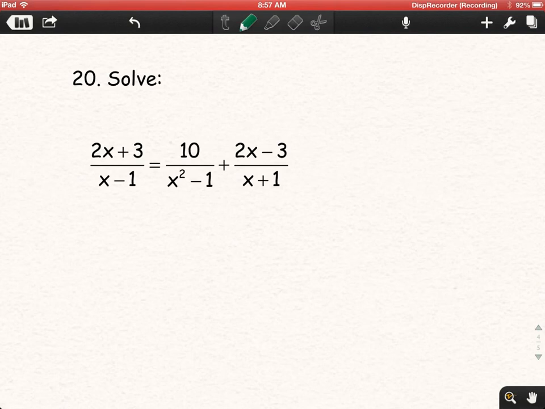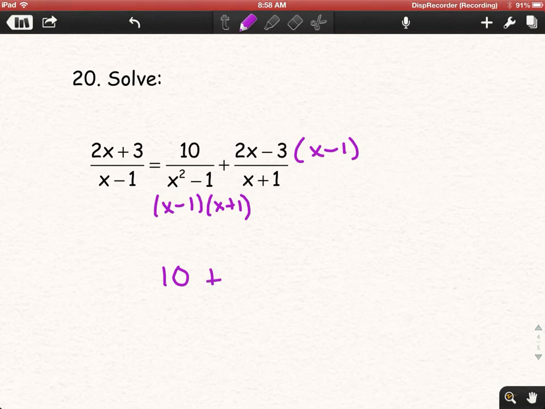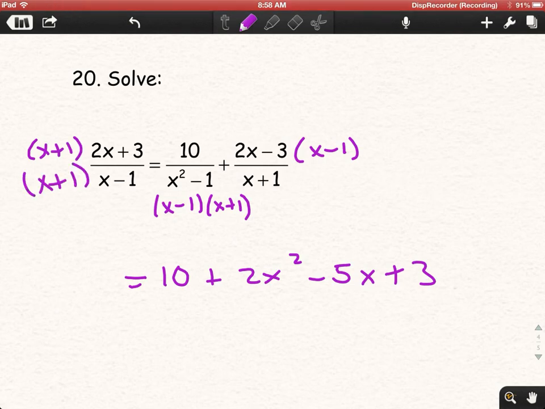And finally, solving this, most people were pretty successful. Let's see, so we need an x minus 1 here because this factors into x minus 1, x plus 1, and so this becomes 10 plus 2x squared minus 5x plus 3, and on the other side, if we want to give this an x plus 1 to get a common denominator, we could do that as well.